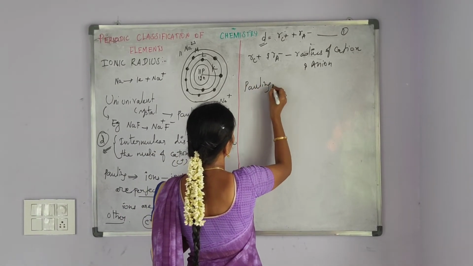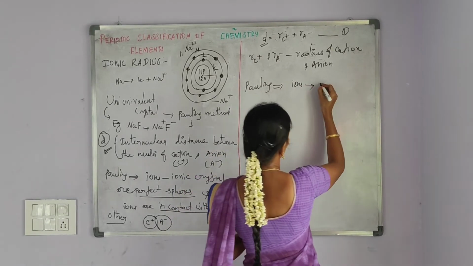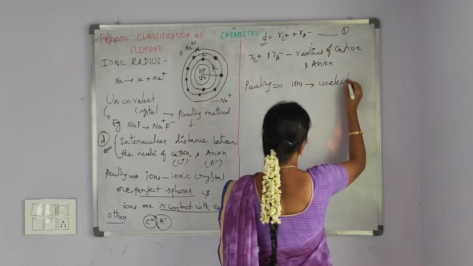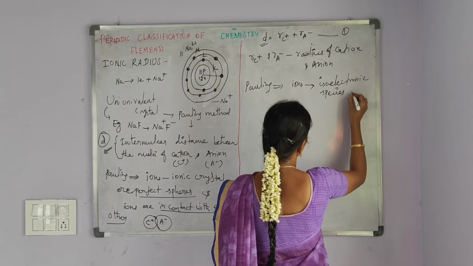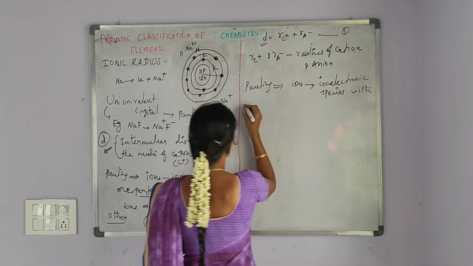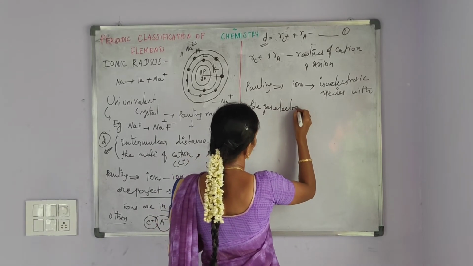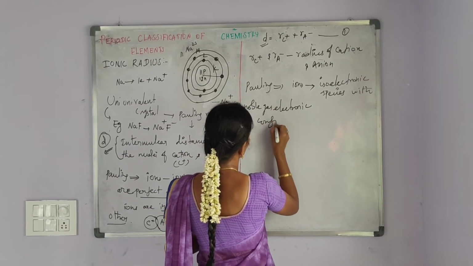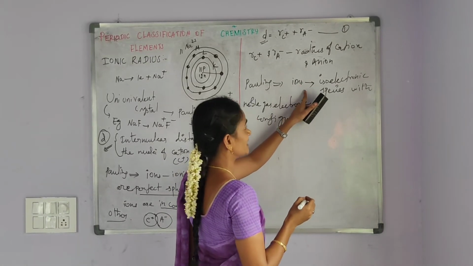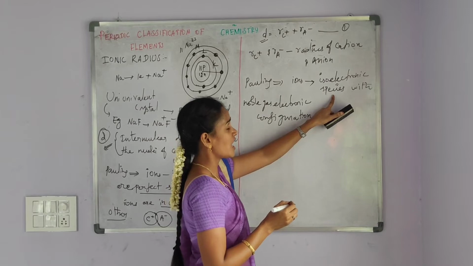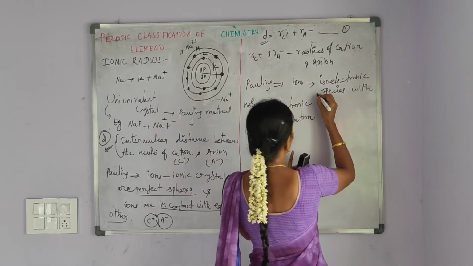Pauling assumed the ions present in an ionic crystal are isoelectronic species with a noble gas electronic configuration.